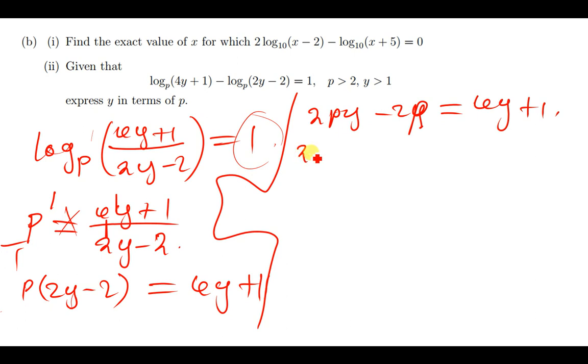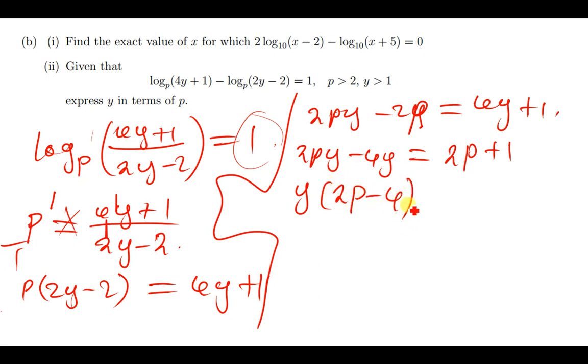So we're going to have 2py on this side minus 4y is equal to 2p plus 1. So when we factorize y on this side, we are going to have y(2p minus 4) is equal to 2p plus 1.